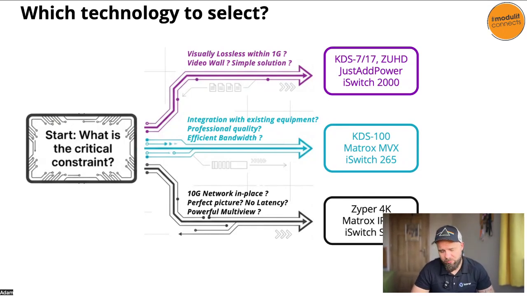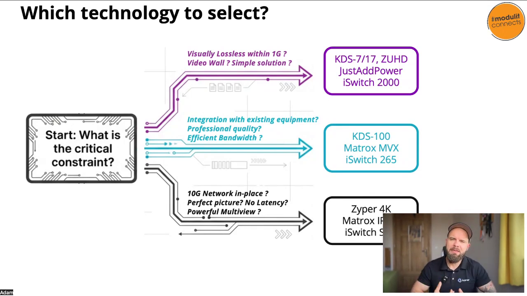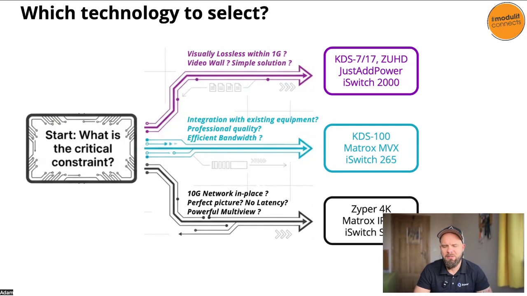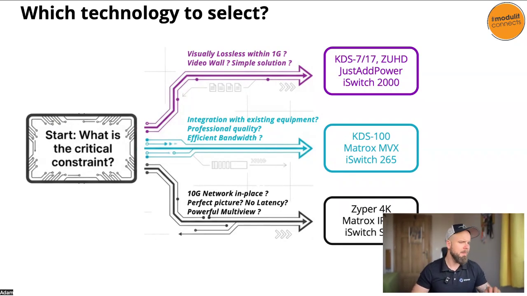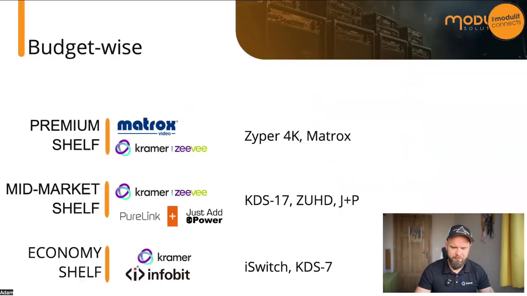But there is also a question: if you need the perfect picture, you don't want any latency at all, and you want to use an AVoIP solution more like a video wall controller replacement, you need to go for SDVoE-like solutions or Matrox IPMX, because those offer the best flexibility and the most comprehensive set of functions to achieve that. Okay, let's go further.